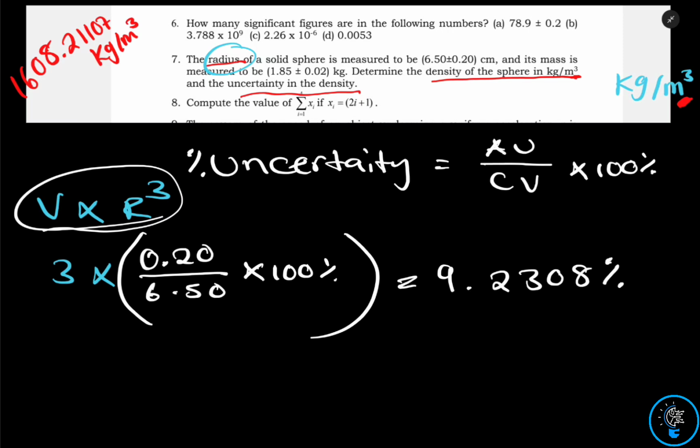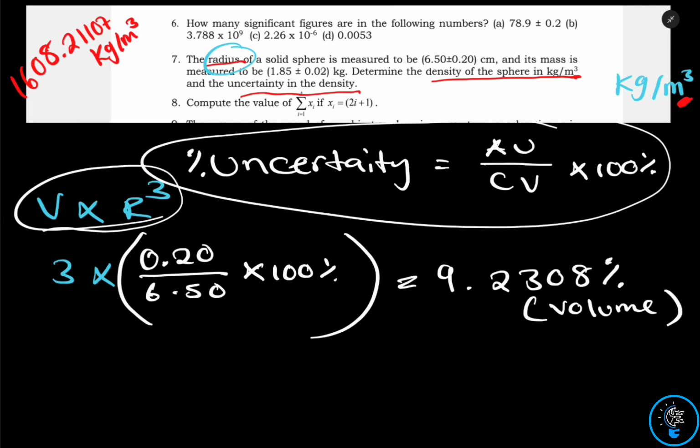Okay, now let's do for mass. So for mass, we need to find the uncertainty of mass. This one is for volume, by the way. Let's do for mass. For mass, we know that mass we are given. No need of doing any calculations. So we just need to plug in the values into this formula.